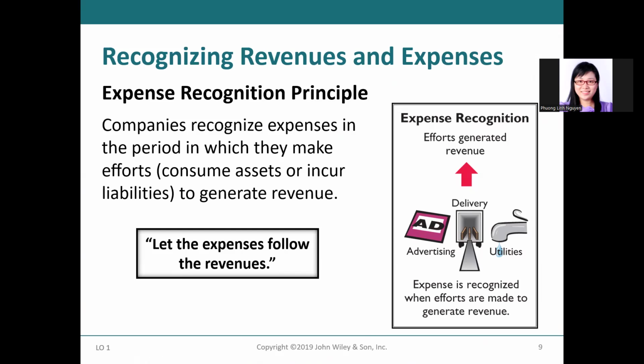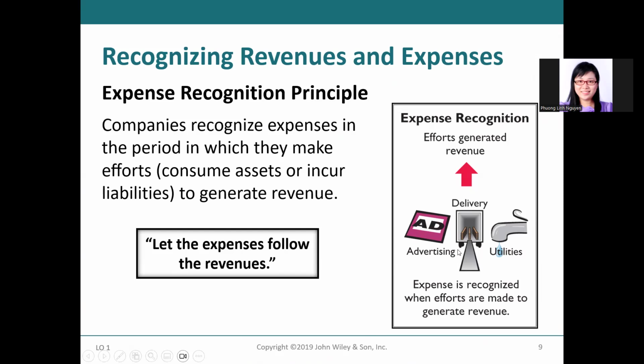And also, you hire a company to deliver the products to the customers. So the company that you hire already delivered the products to the customer. You already use their service. And even though you haven't paid money yet, you still have to recognize this as an expense.